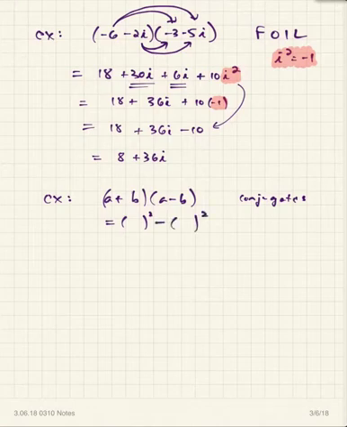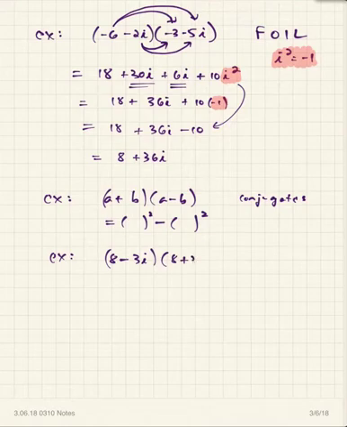That's the pattern for multiplying conjugates. So that pattern extends if you've got conjugates that are imaginary. So 8 minus 3i times 8 plus 3i. By the way, since these are complex numbers that are conjugates, these are sometimes referred to as complex conjugates.